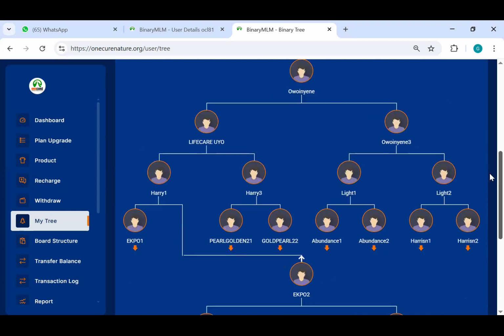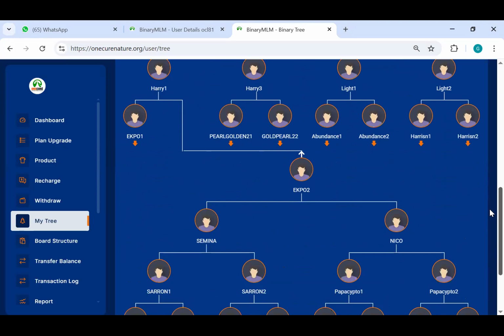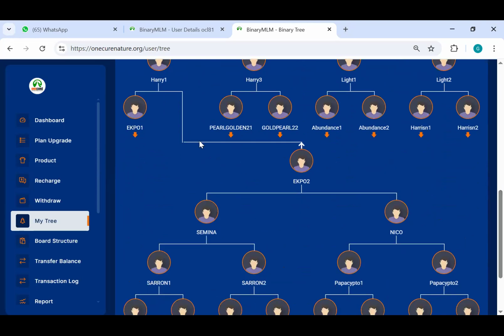Are we together? Dynamic compression means when the person who is supposed to locate that place for you to get special royalty bonus has not located it, but the person who is under him is active with his own people, the system will automatically use that person to give you special royalty.